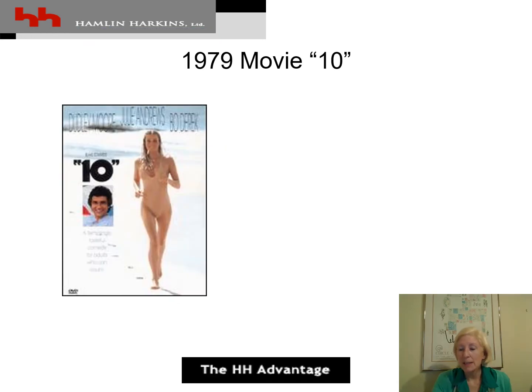Imagine, here's another example, a movie that maybe some of you have seen, in which Bo Derek and Dudley Moore were in it, called 10. The backstory was that he saw her from afar, became infatuated, and was trying to find her, going crazy over it, so he went to a psychologist.